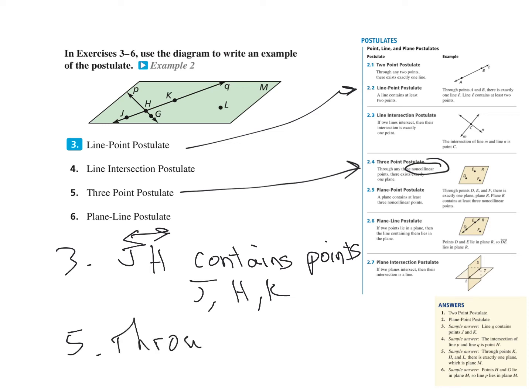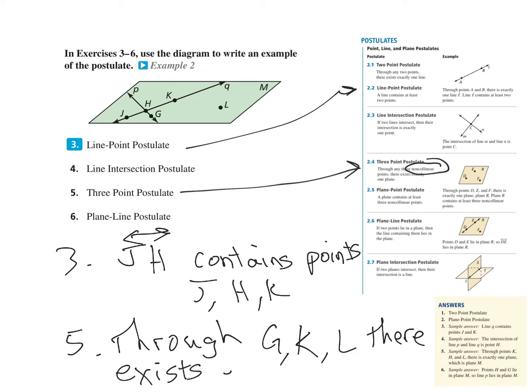Through G, K, and L, there exists exactly one plane.